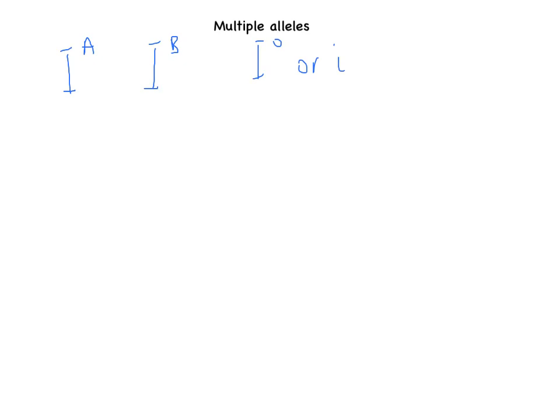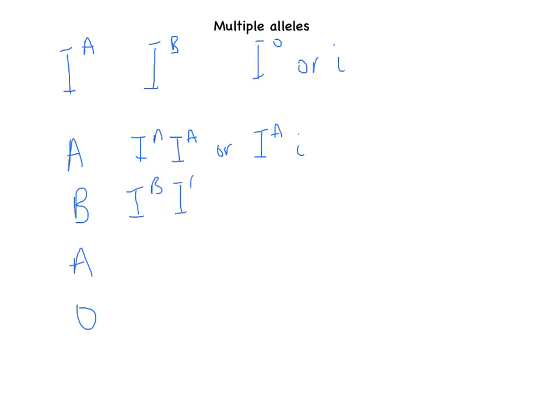So we have 4 blood groups, A, B, AB and O, and A can either be I^A I^A, or I^A little i. B is exactly the same, I^B I^B, or I^B little i.